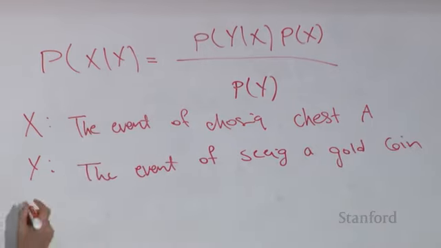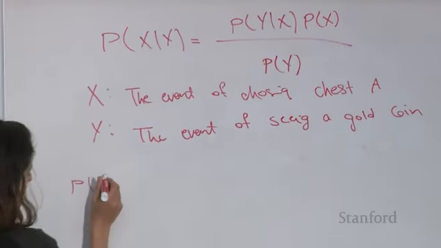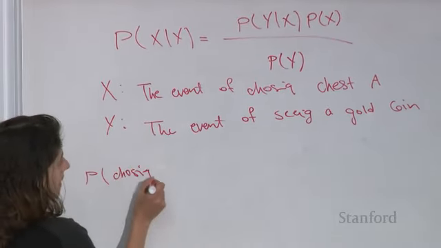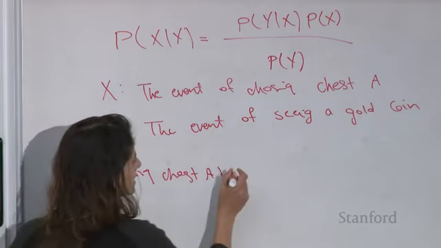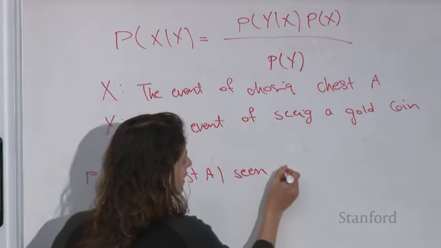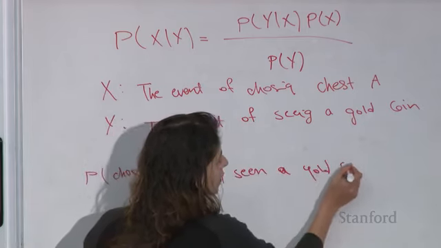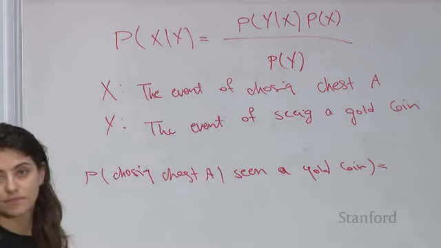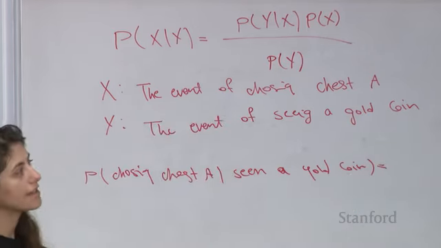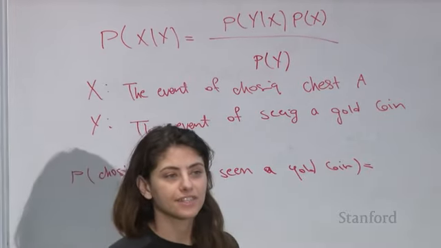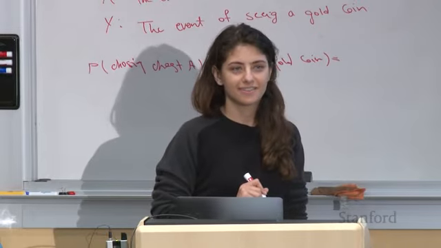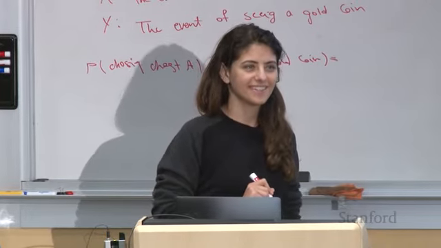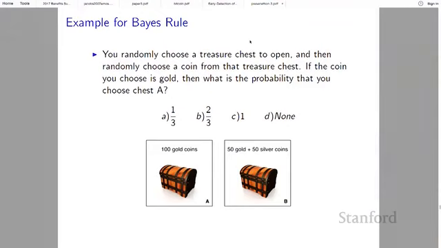What we want is the probability of choosing chest A given that we already saw a gold coin. How many people say the answer is A? B? C? None of them? Okay, many people do not have any idea.